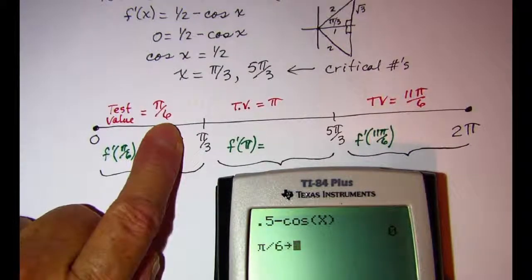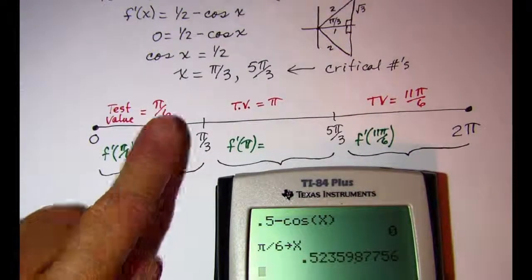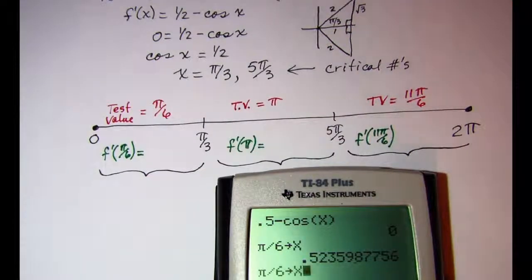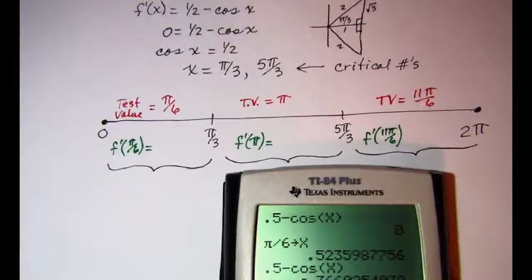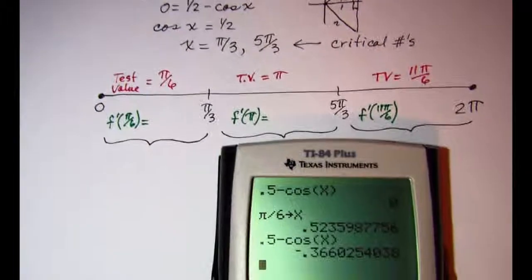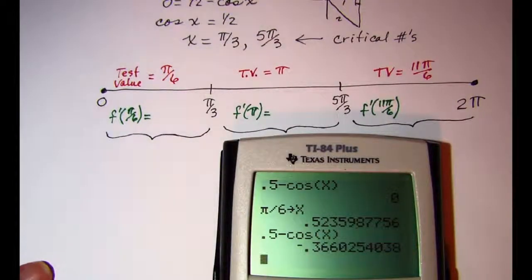I'll store that into my calculator, and looks like we're getting a negative 0.366.